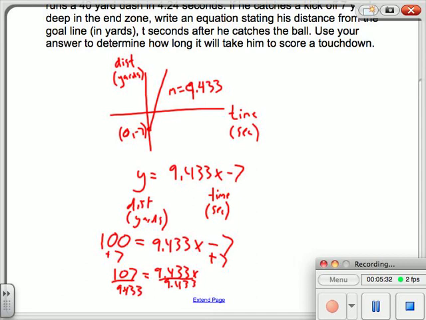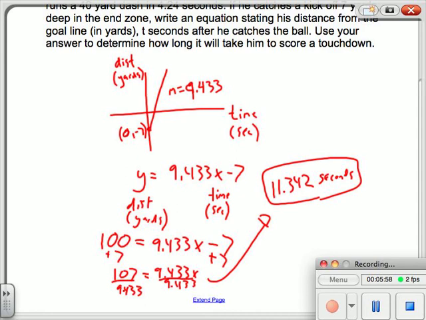So we should enter 107 divided by 9.433962264, and we should get a nice answer of 11.342. And again, we're searching for x, which is time in seconds. So it takes Chris Johnson 11.342 seconds to run 107 yards.